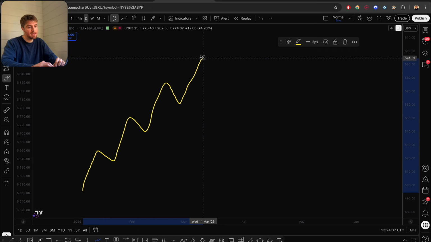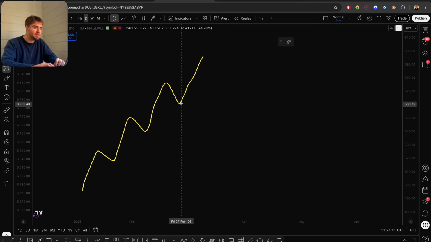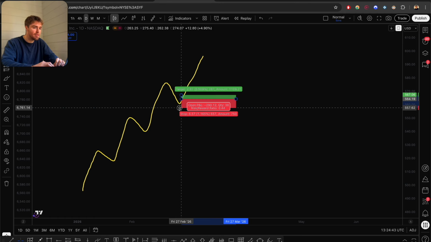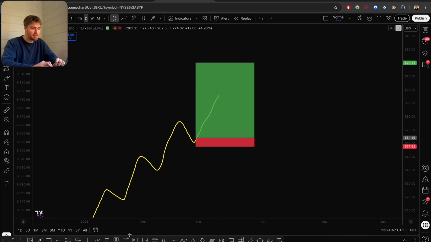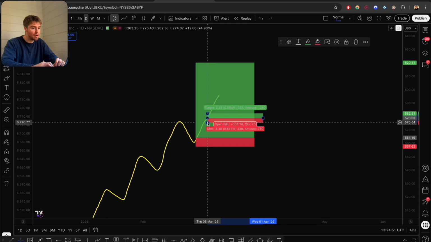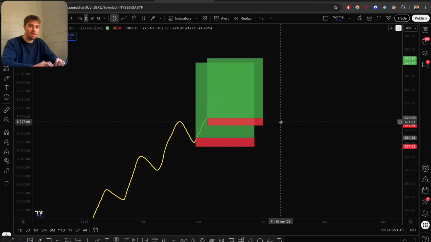If we're going up like this, when I'm scaling in, if I was to enter a position here, so this, let's just say this is my first position, and things are going well, so I get involved again. Maybe you get involved over here, for example, something like this. And let's just say I was risking 1% on each of these.